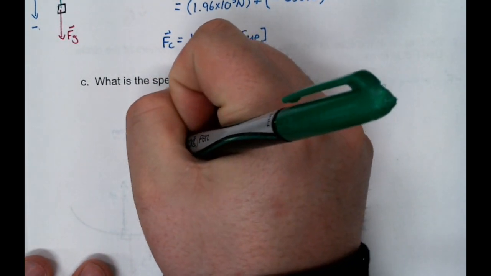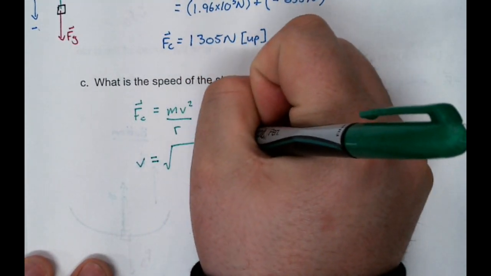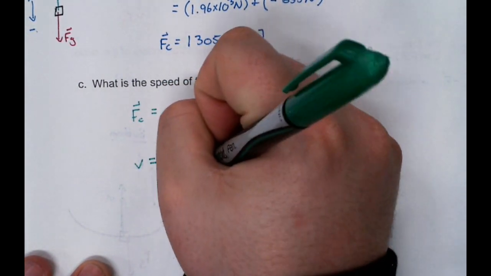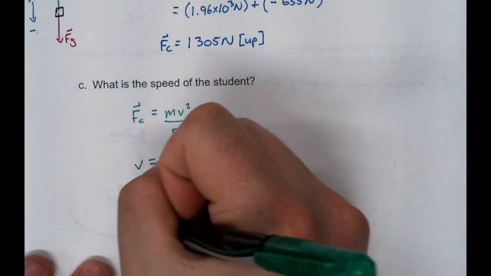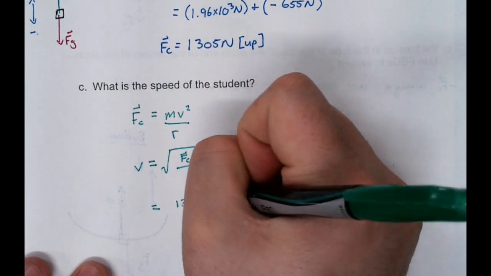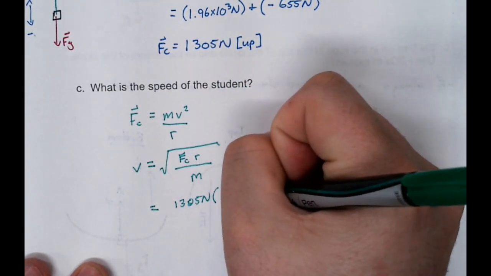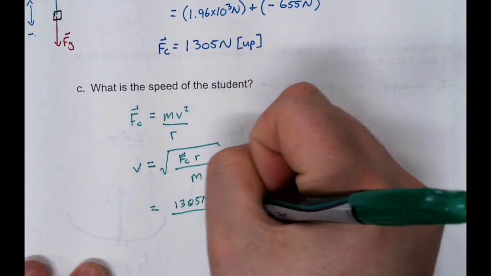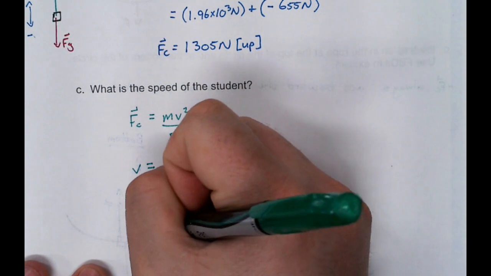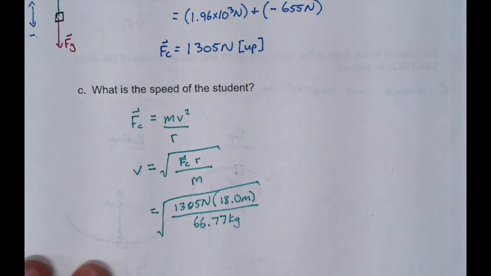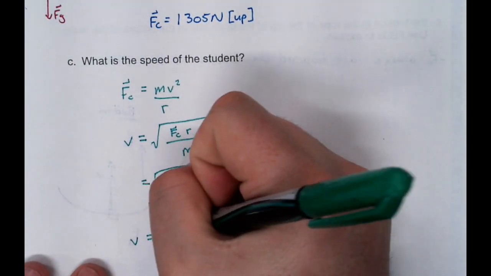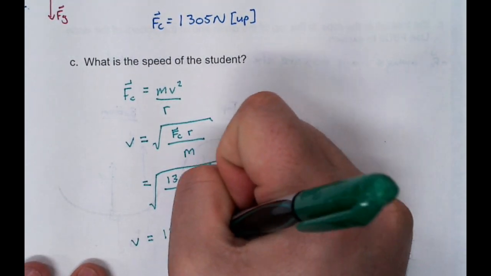When we rearrange, speed is equal to the square root of centripetal force times the radius divided by the mass. When we plug in, we have 1,305 newtons times 18 meters divided by the mass, 66.77 kilograms, and we're going to want to take the square root. This gives us a speed of 18.8 meters per second.